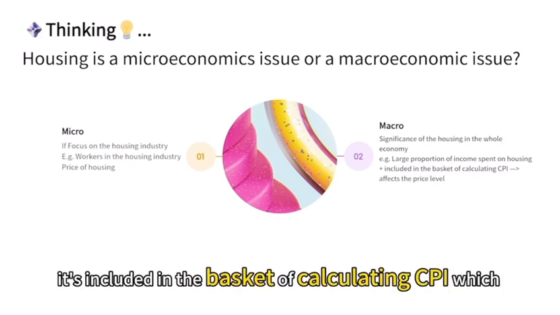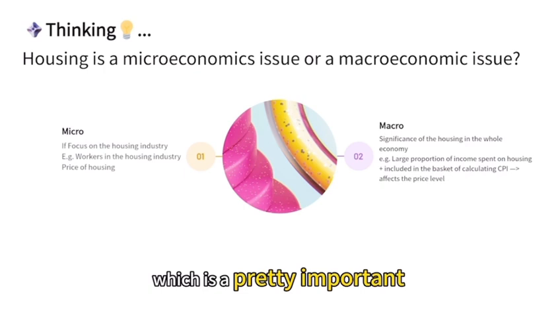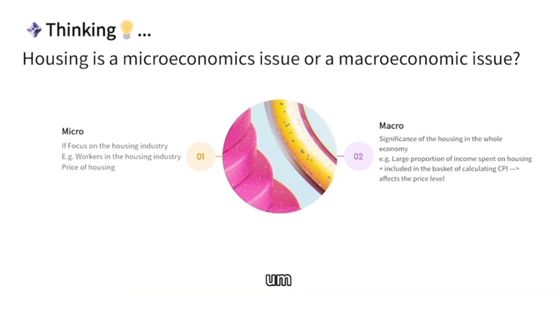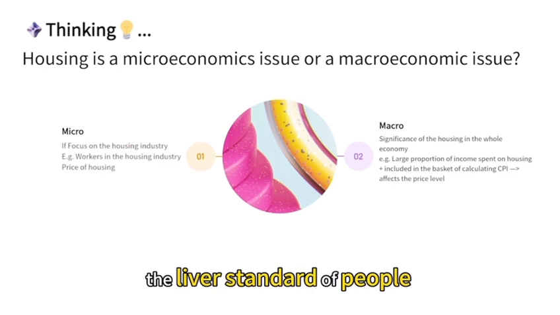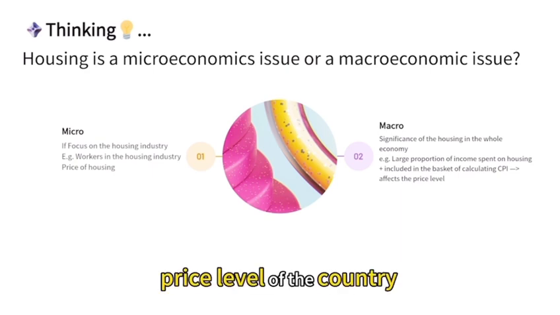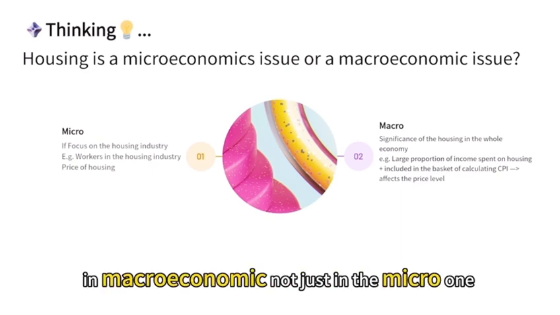Also, it's included in the basket for calculating CPI, which is a pretty important index when we are discussing the living standard of people. And usually the housing price affects the whole price level of the country. It is super critical in macroeconomics, not just in micro.